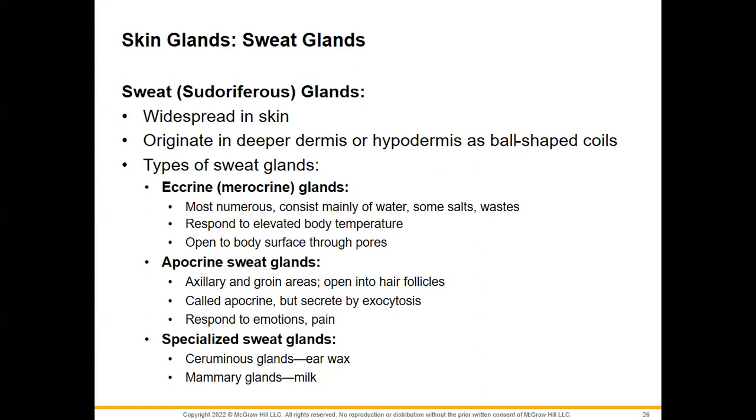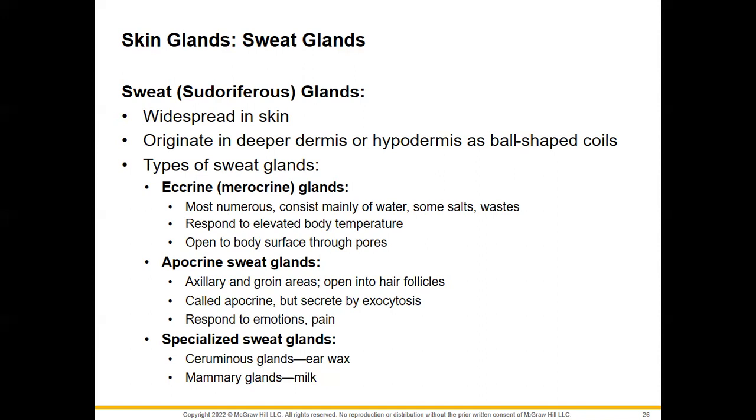These are secreted by exocytosis. Remember, exocytosis means that the cell is producing the product. The product is packaged in a vacuole. The membrane of the vacuole will be pretty much the same as the cell membrane.